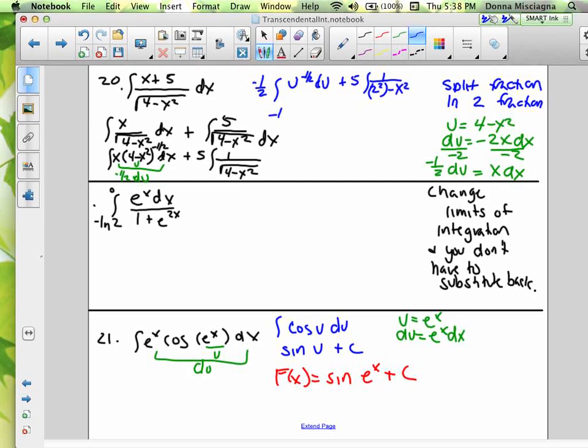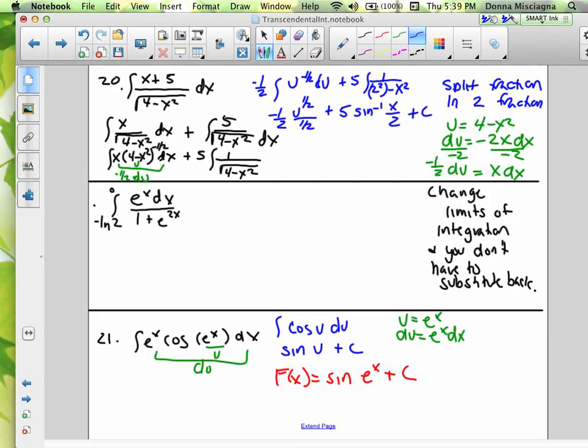That'll be negative 1/2 u to the 1/2, since negative 1/2 plus 1 is 1/2, divided by the same thing. This is really similar to one we did, except for this part. Plus 5 times arcsine, and it'll be x over 2 plus c.